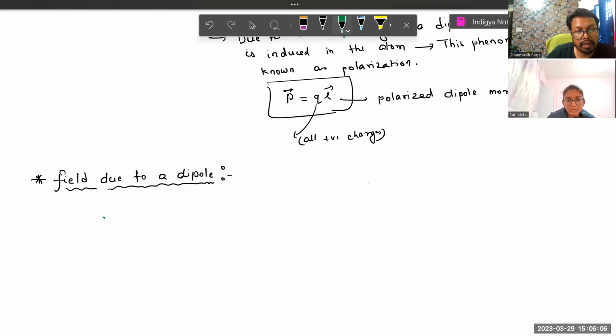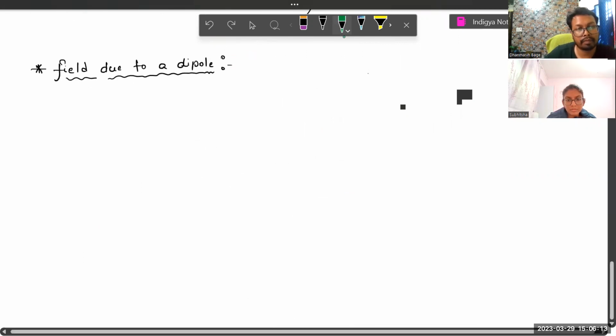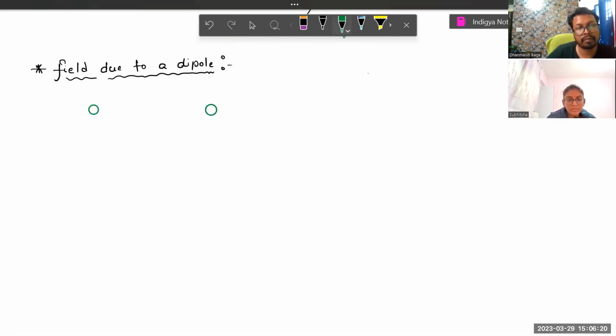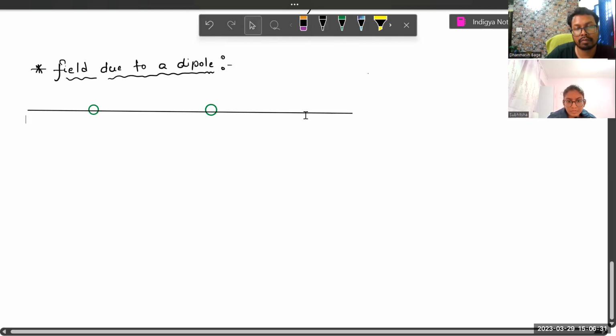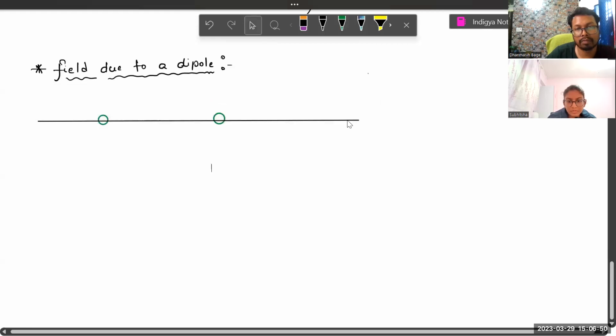Let us say that there is a dipole, something like this.